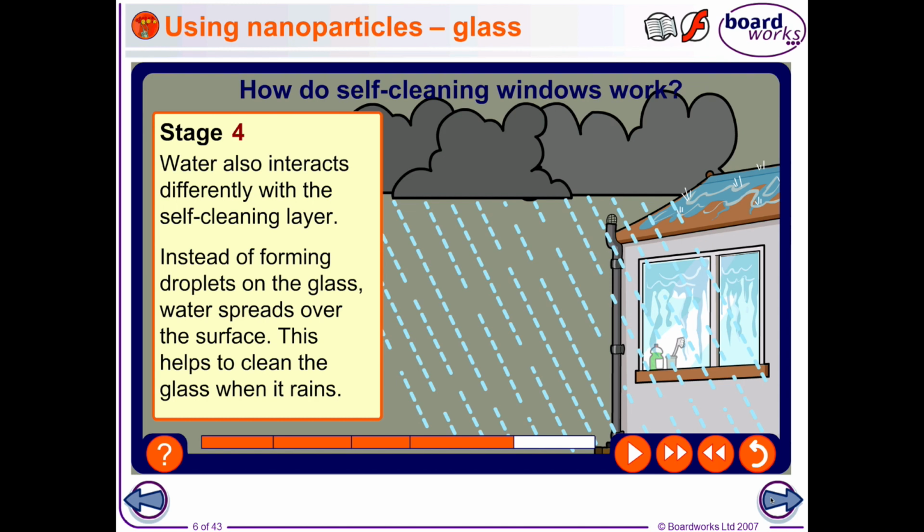The other problem is the risk of them finding their way into the air and us breathing them into our lungs, and if you breathe tiny particles into the lungs, they can cause potential lung problems in later life. So these are just areas of caution to be aware of. The nanoparticles do have potential safety risks that we need to take into account when we're using them.